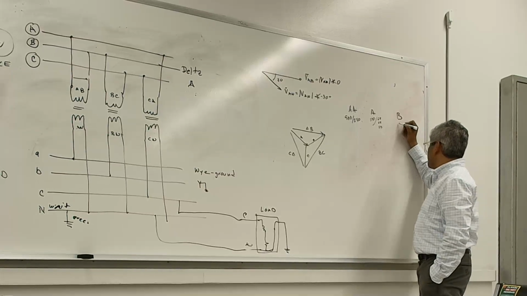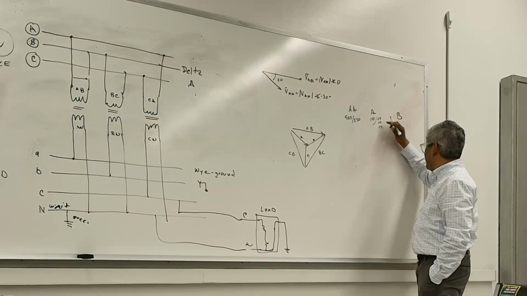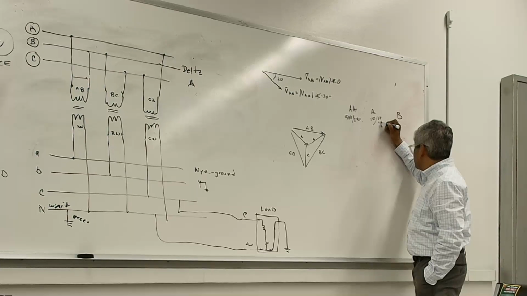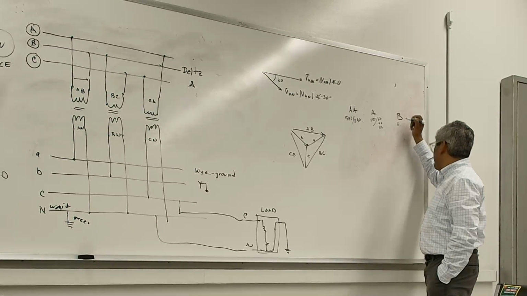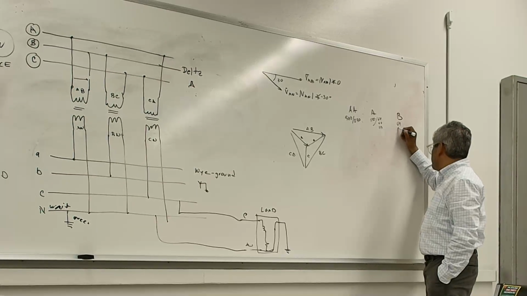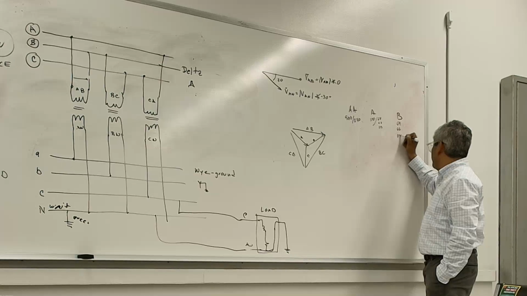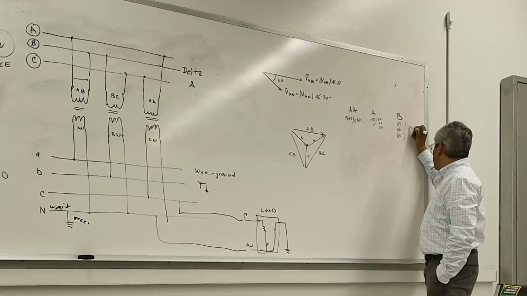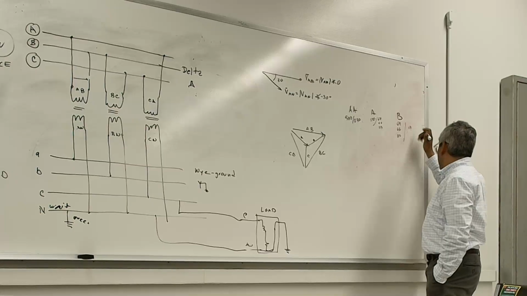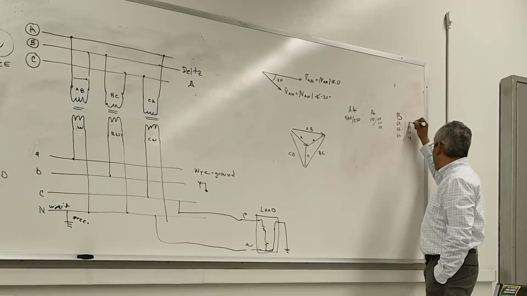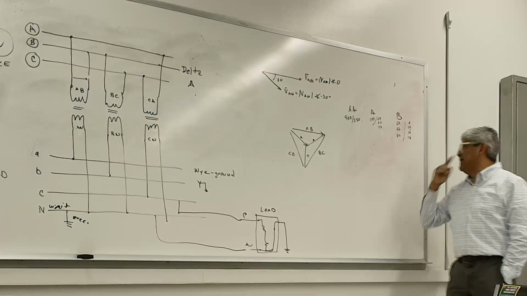And the B stations are the ones that convert 69, 66, or 115 to 12, 16, and 18 kilovolts.